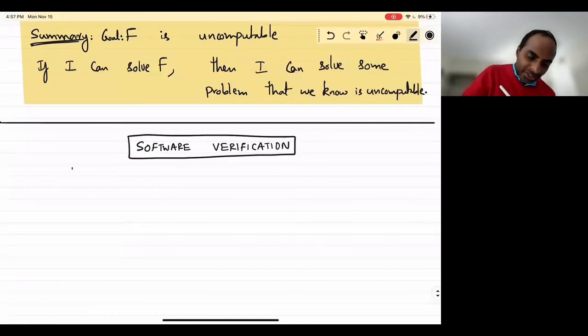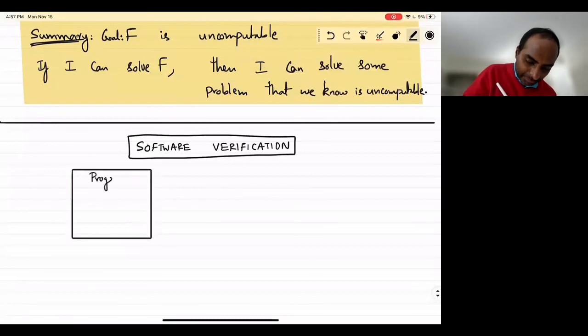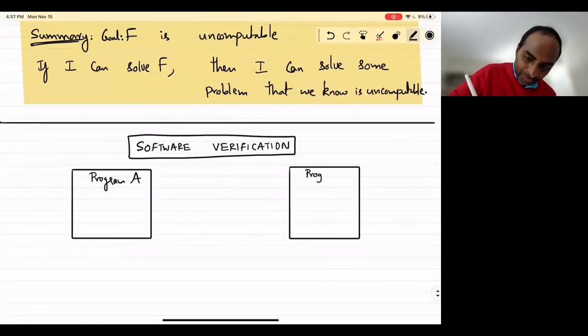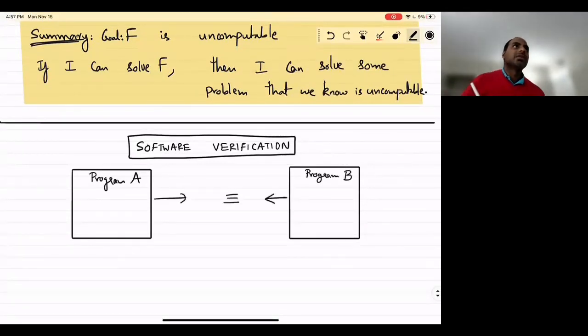So what do I mean? Suppose someone gave me two programs and told me that these two are equivalent.